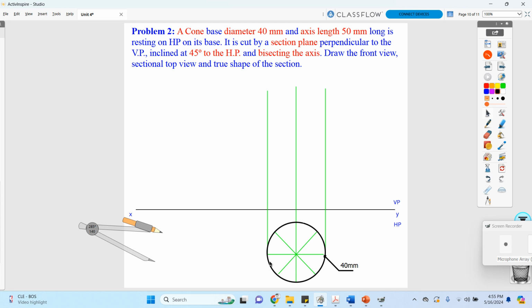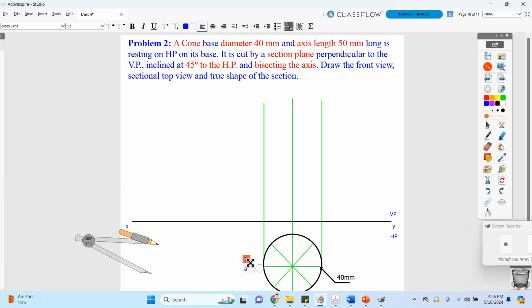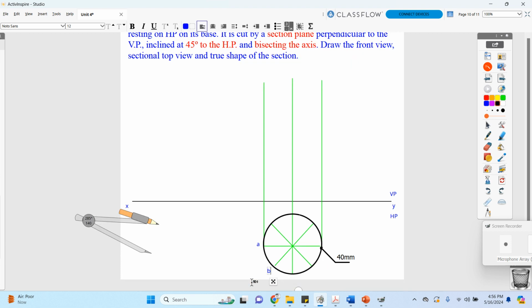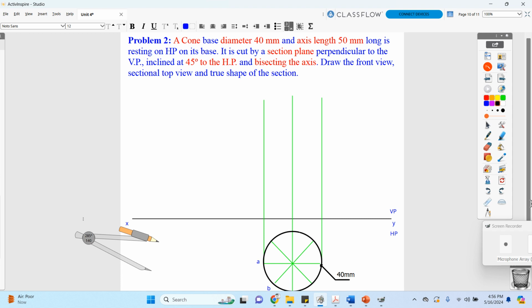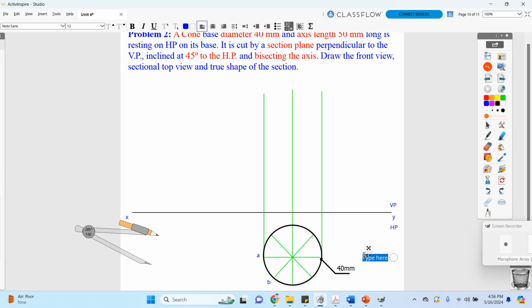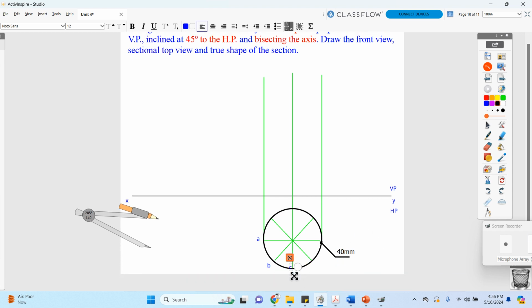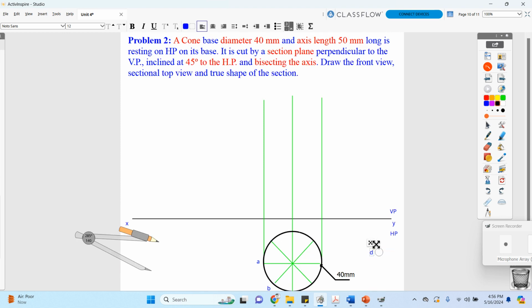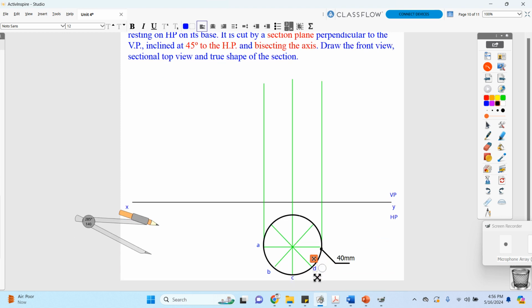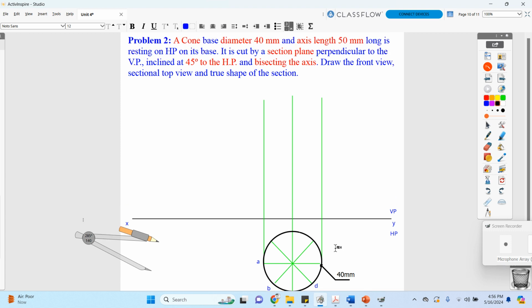For these 8 equal parts I am going to name them now. So this is my A. Then this is my B, then this is my C, then this is my D. Please draw along with me so that it is easy for you to complete it.